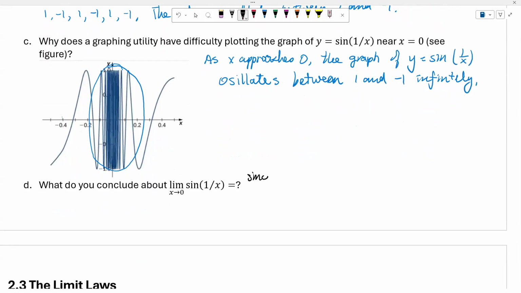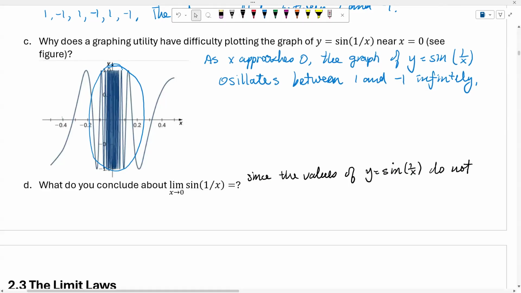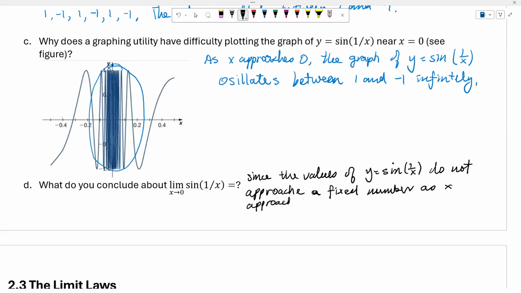We could say that since the values of f of x, or y equal to sine of 1 over x, do not approach a fixed number as x approaches zero, the limit as x approaches 0 of sine of 1 over x does not exist.